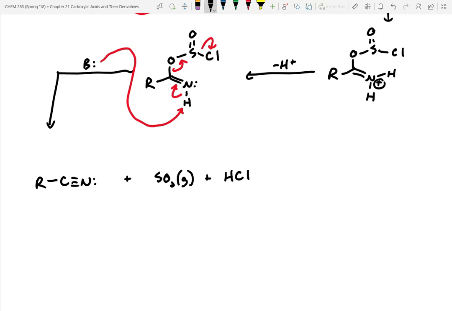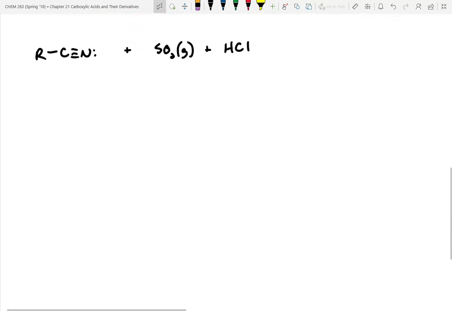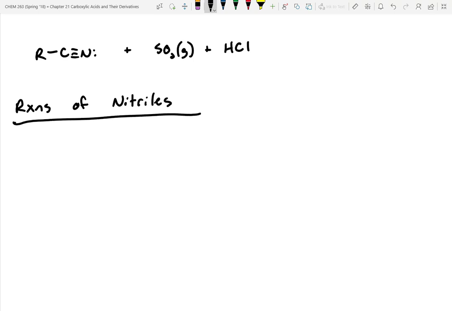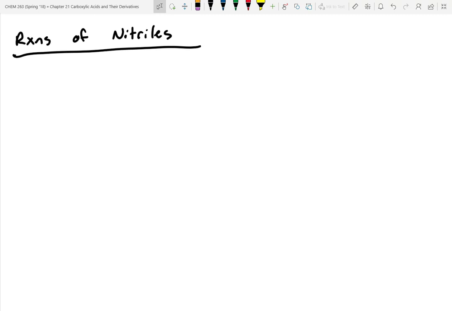All right, let's take a look at reactions of nitriles. Those are really the only two ways we know of making nitriles, at least in this textbook. The first one we actually already saw, and this goes back to the pod a while ago.